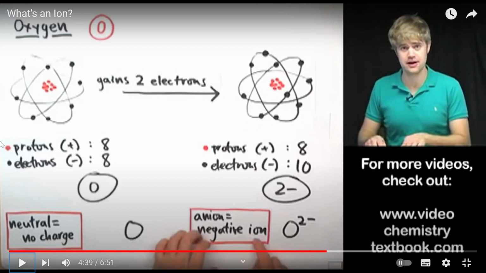So we have cations, which are positive. We have anions, which are negative.